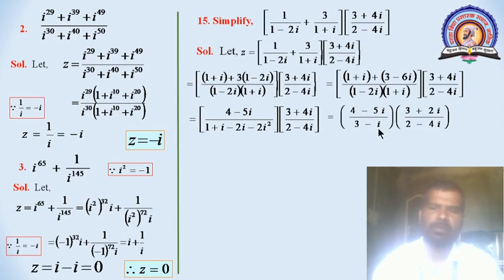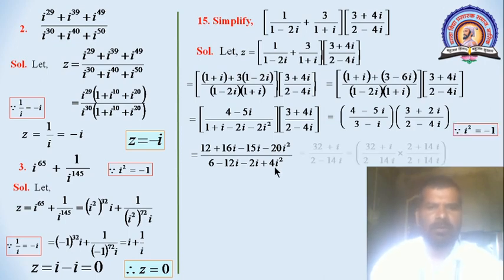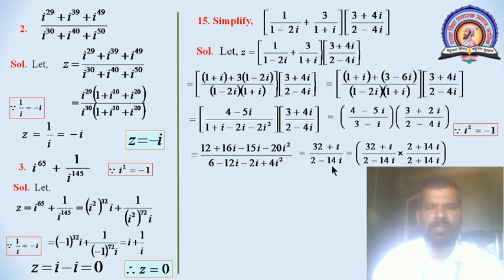So if we multiply it, we will get 12 plus 16i plus 15i minus 20i square upon 6 minus 12i minus 2i plus 4i square. Now put the value of i square as minus 1, we will get (32 plus i) upon (2 minus 14i).